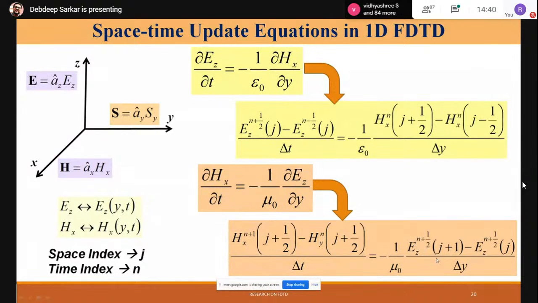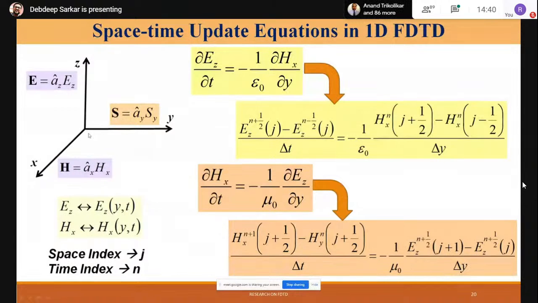In this case the time index is the same, because this is now the derivative with respect to space, so only the term within the parenthesis gets a difference of 1. And of course, the division is by delta y, the cell size or grid step in the y direction.